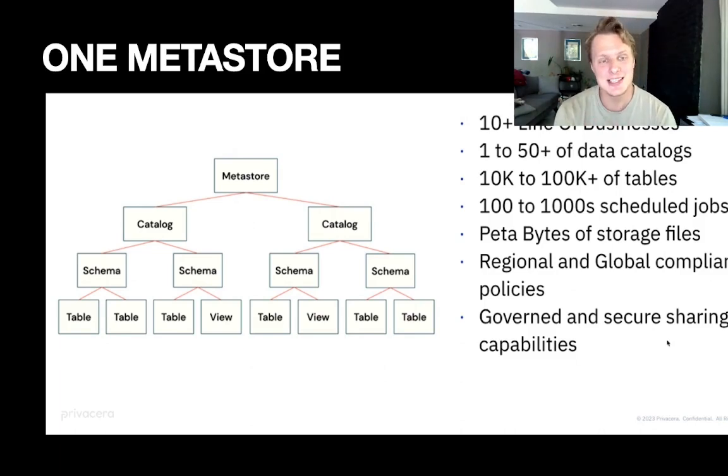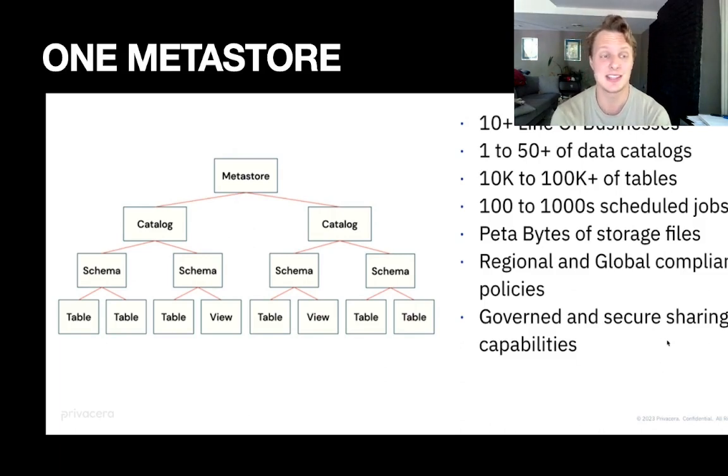One of the key design principles around Unity Catalog is it's one metastore. This was a slide from Databricks. They were talking about a very large customer that's using Unity Catalog. They have tons of data across many business units, and it's very complicated to manage, and that's why they used Unity Catalog.